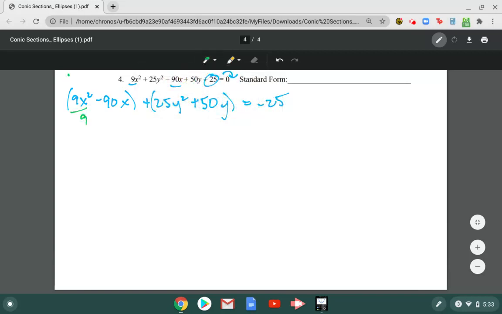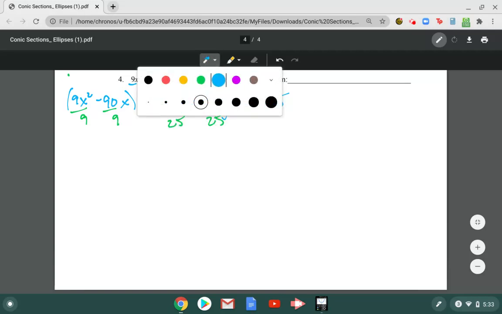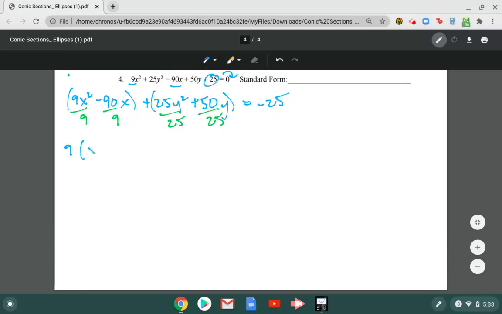So I'm going to factor out a 9 and a 25. This is going to give me, 9 comes out in front, x squared minus 10x plus blank. And then for my y's, 25, y squared plus 2y plus blank equals negative 25 plus blank plus blank.